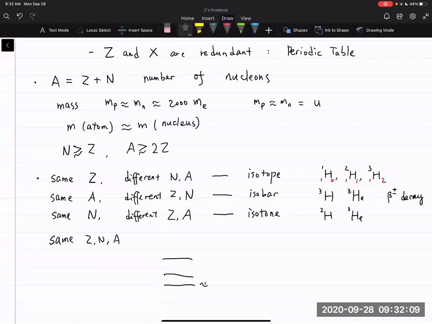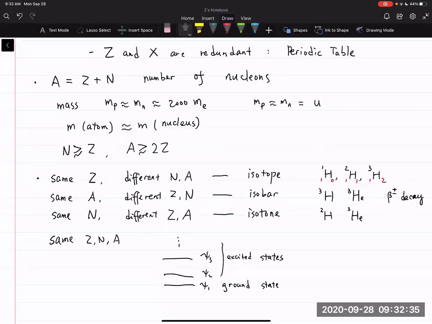Let's say this is psi 1, psi 2, psi 3. The first state we call the ground state, and all the rest we call excited states, because they have higher energies than the ground state, so they are excited.